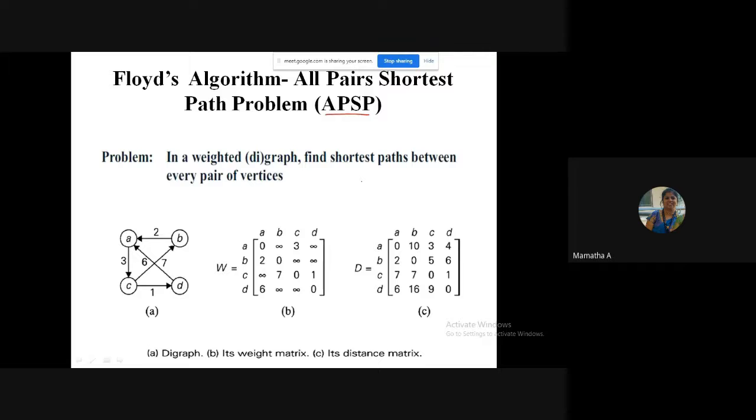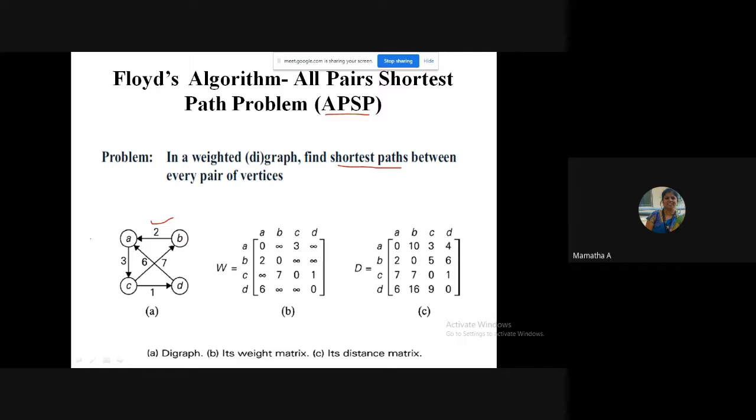In order to find the shortest path, now your diagram is not a simple diagram. It should be a weighted diagram. What is it weighted? The edges should have the weights because I have to find the shortest path. How do I find the shortest path?